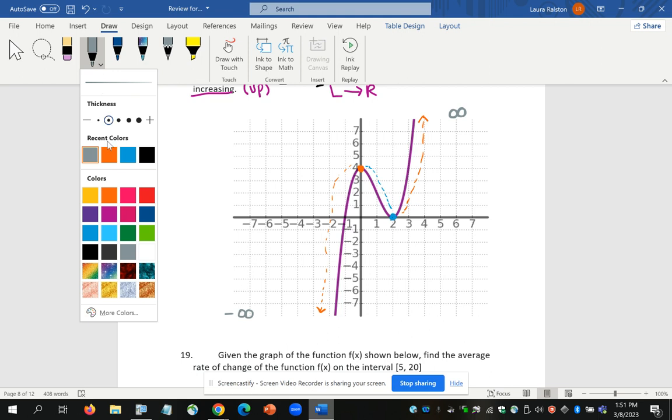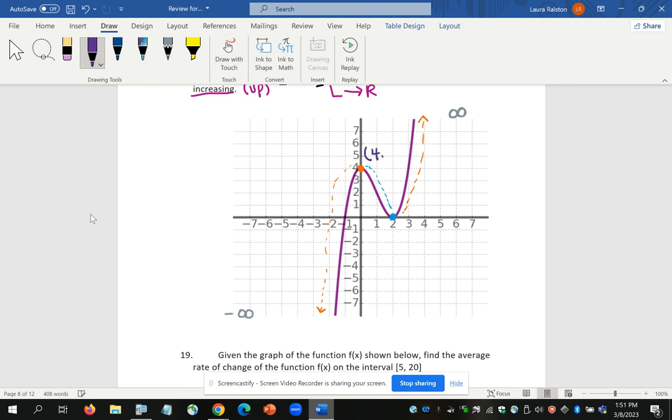Okay, so let's see what we can do. The two key points here that we're looking for, the top point is at 4, 0. The bottom one is at, oops, I wrote that wrong. Sorry, my fault. This should be 0, 4. I got it backwards.